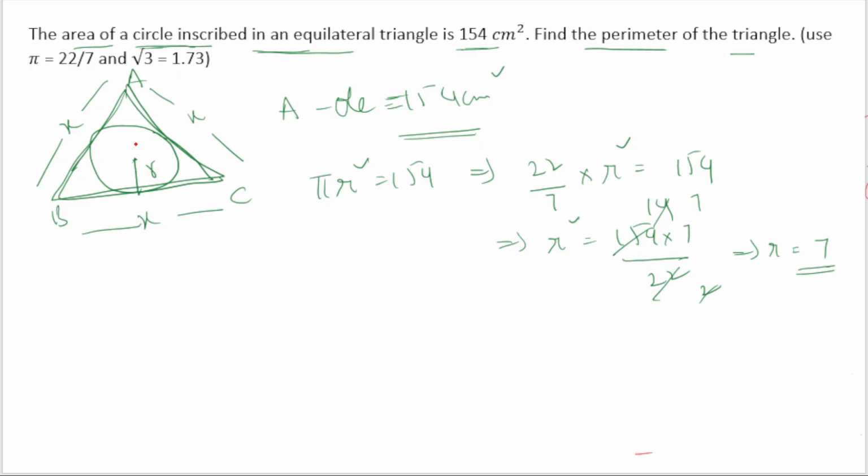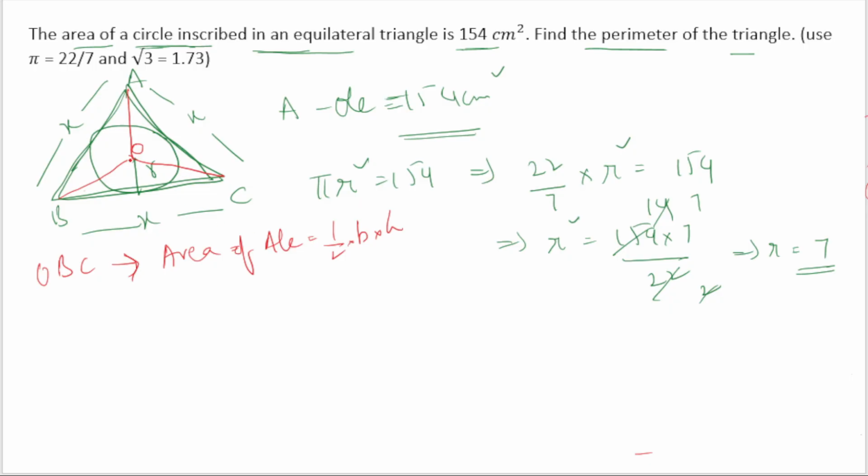And the center of the circle is O. Now let us join the points OB, OC and OA. Now take the triangle OBC. What is the area of the triangle OBC? Area of a triangle is half base into height.